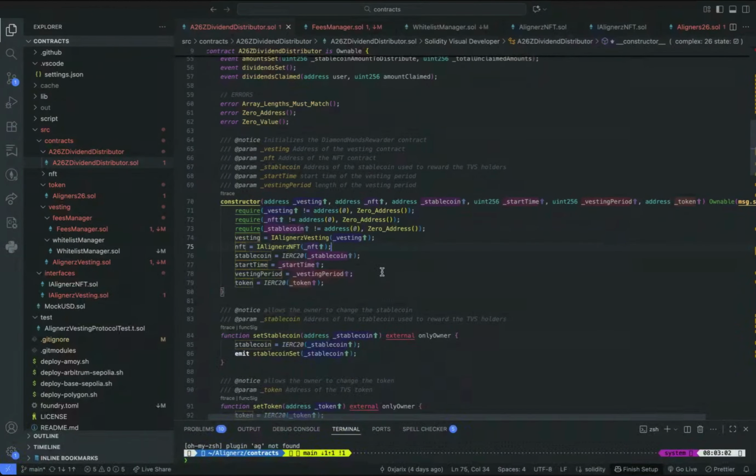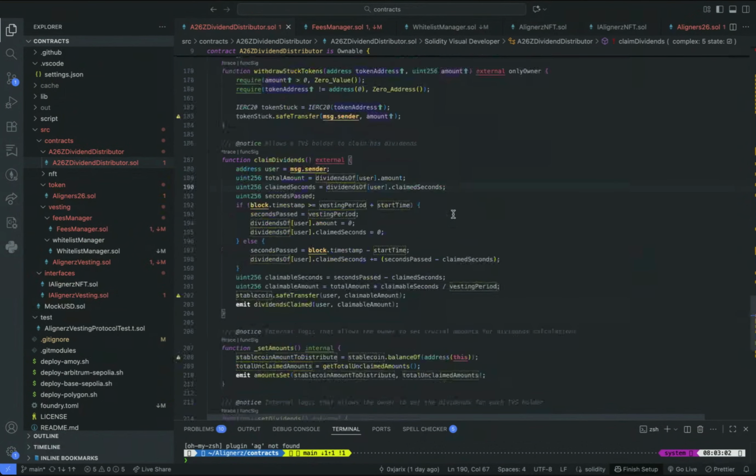They will have the ability to claim this amount as time goes by. Since we said the vesting period will be 3 months, let's say, and they deserve to have 1,000 USD, 1,000 USDC.